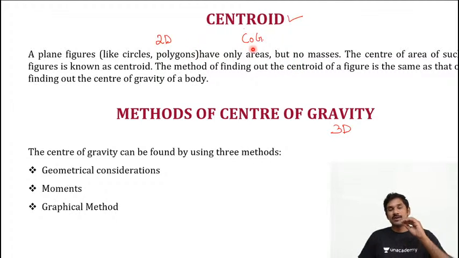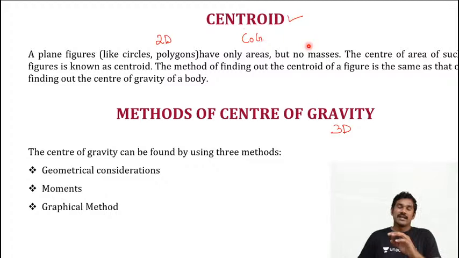That means it has only a lamina or layer or a surface. It's not a solid object, it's just a thin layer. So when there is only area and no mass, we call it two-dimensional, and the center of that area is known as the centroid.